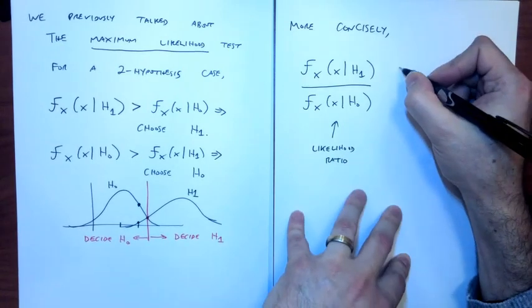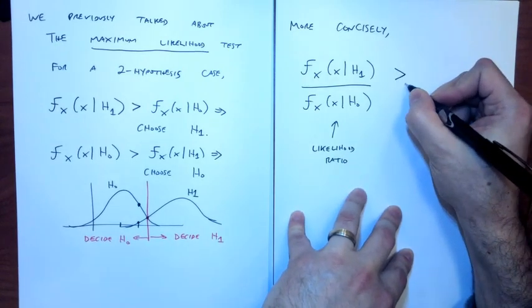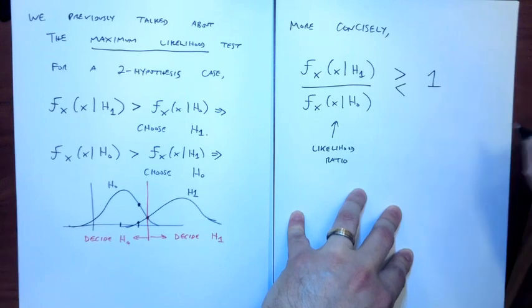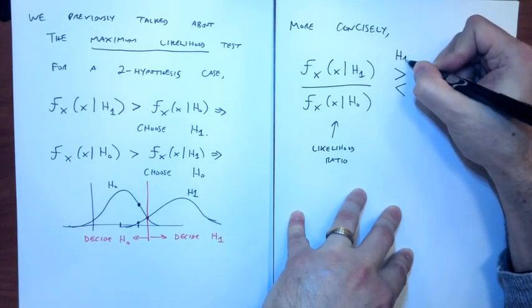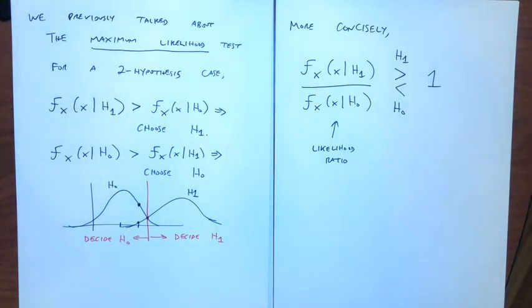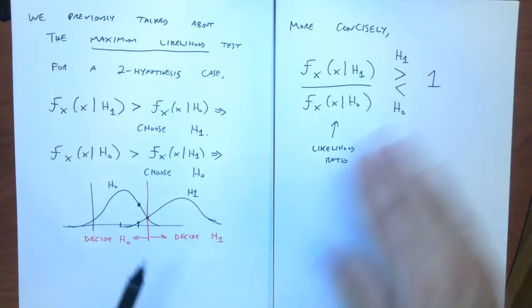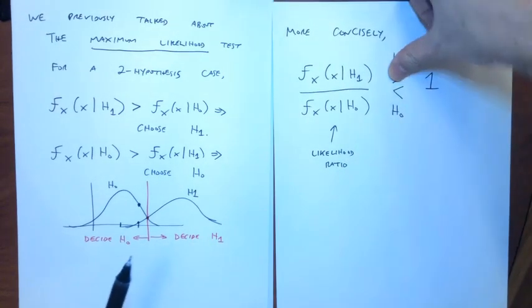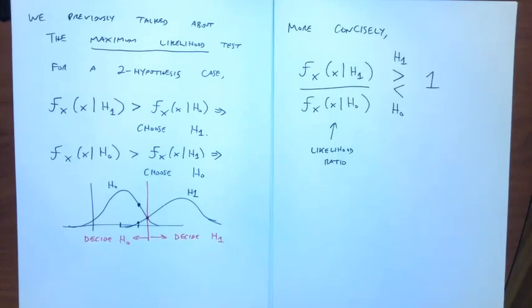And then I ask, is this bigger or less than 1? If it's bigger than 1, I choose h1, and if it's less than 1, I choose h0, right? So this is a compact way to write this if-this-then-do-that statement. Okay.